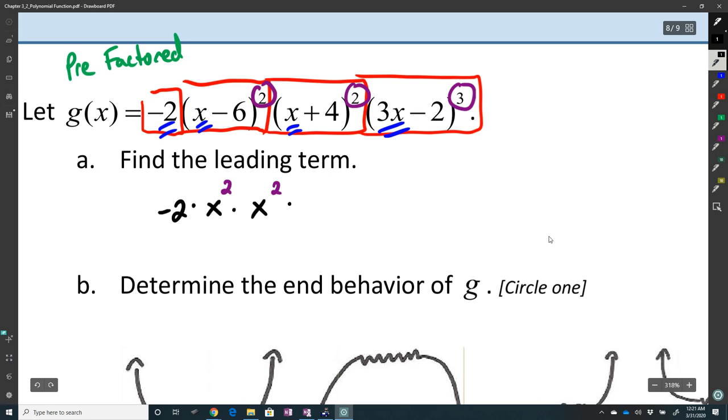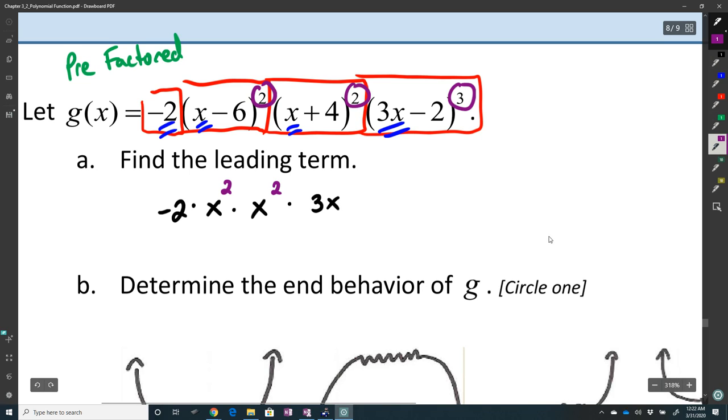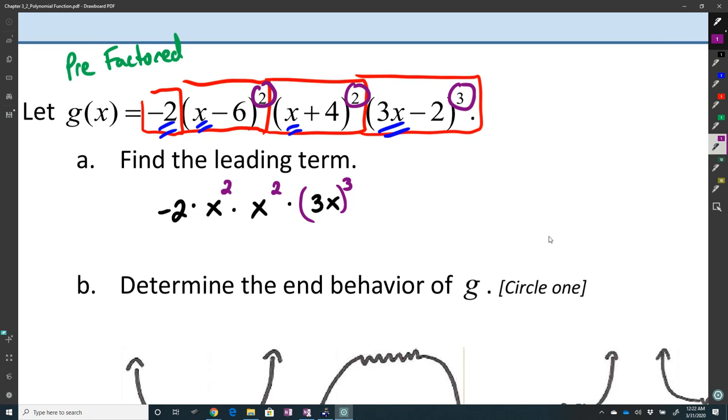The next one is 3x, but it happens 3 times. And the biggest mistake people make is they put a 3 there and they leave it. But it's the entire thing cubed. It's 3x, 3x, 3x. And so if you work all that out, you get, let's see, 3, 4, 5, 6, 7. So you get x to the 7th. And then 27 times 2 is -54 x to the 7th.